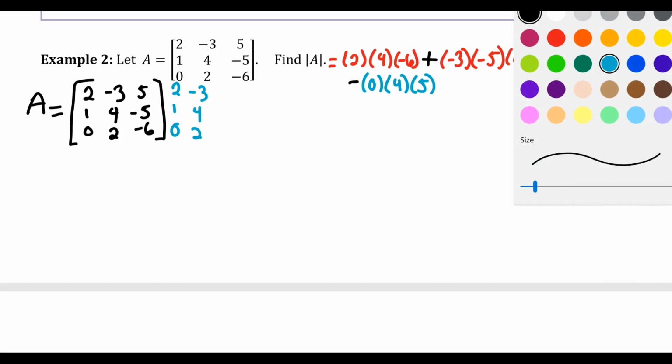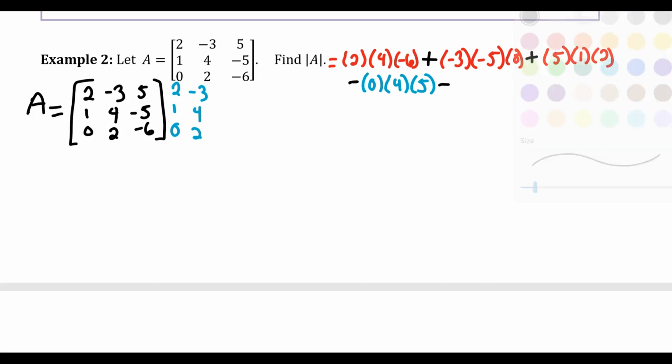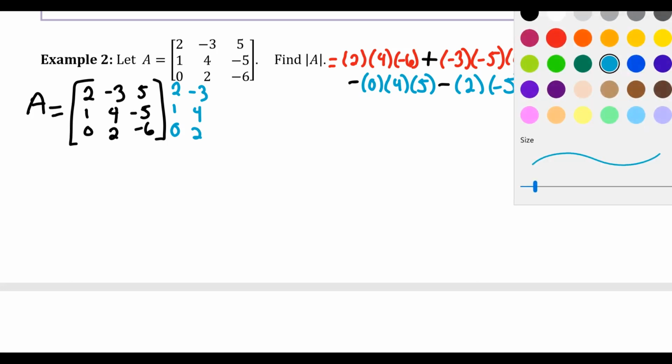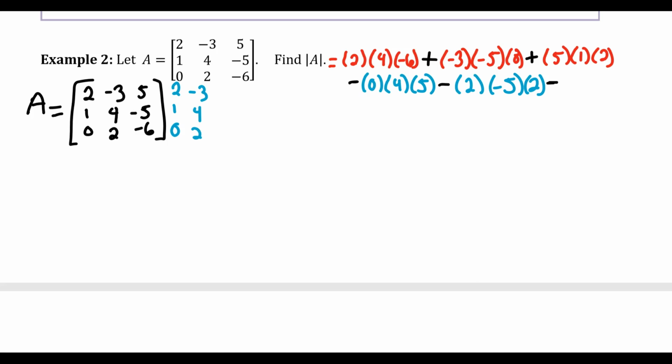I have another minus sign, and I'm going to do 2, -5, 2. I'll have another minus sign. Notice I'll have 3 positives and 3 negatives where I'm writing this out. And I'm going to do my last diagonal, -6, 1, -3.